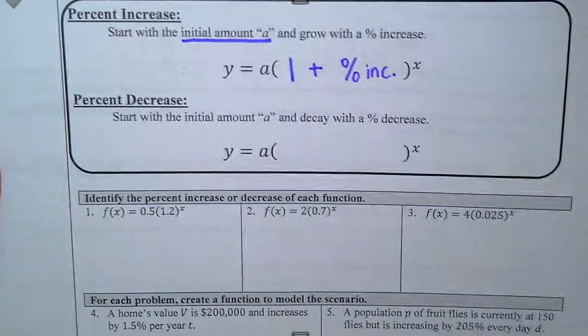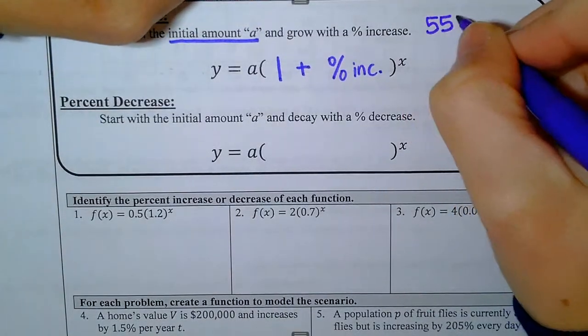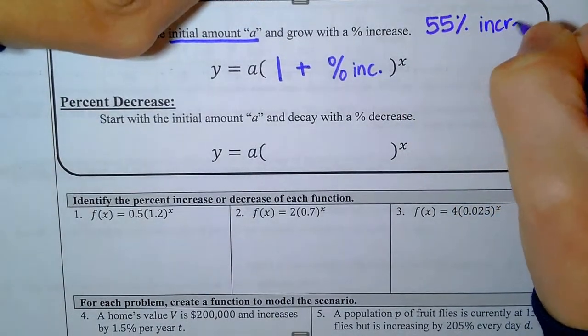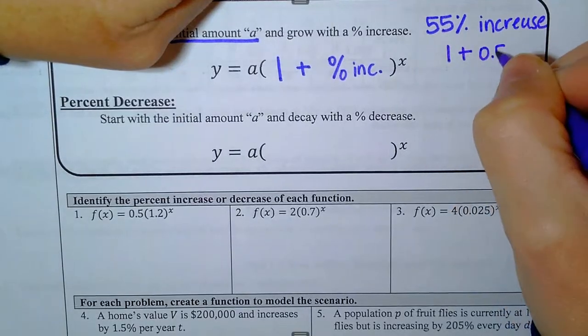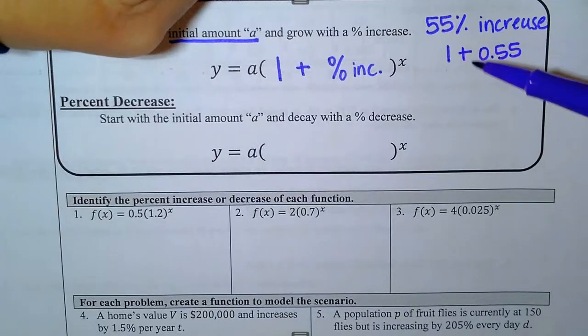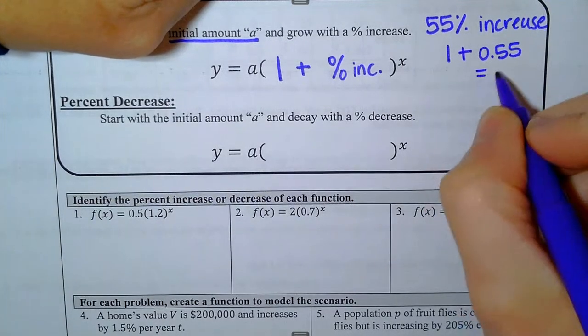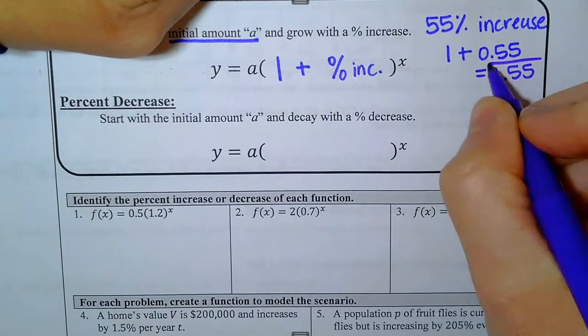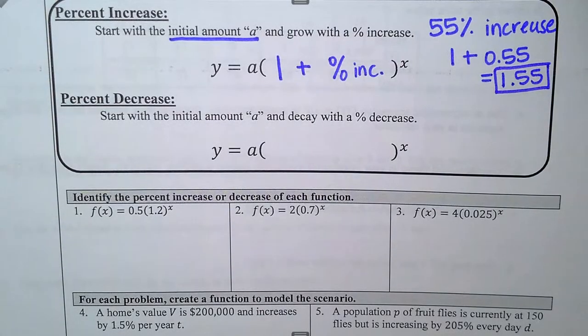So if I had a 55% increase, that would be 1 plus 0.55, because remember you have to change percents to decimals in order to add them because they need to be in the same type of number. So then that would be a 1.55 multiplier. That becomes your ratio, okay?